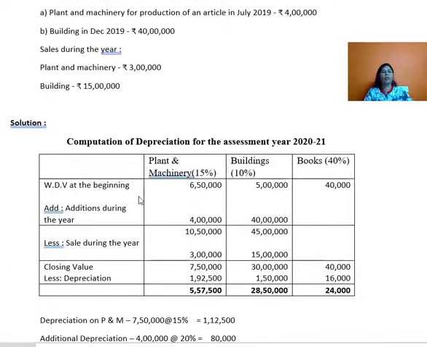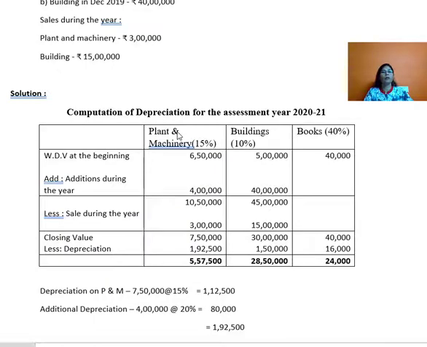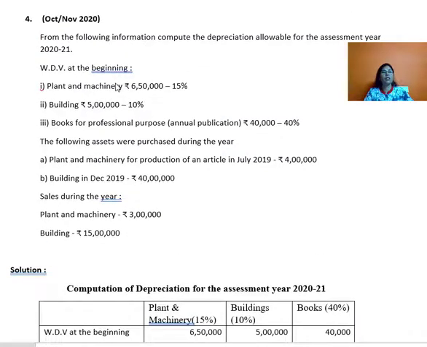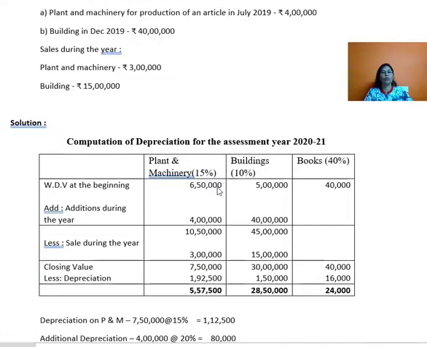So let us compute the depreciation now. We have plant and machinery, buildings and books. Written down value at the beginning, as we have seen here, 6 lakh, 50,000, 5 lakh and 40,000. Add additions during the year.